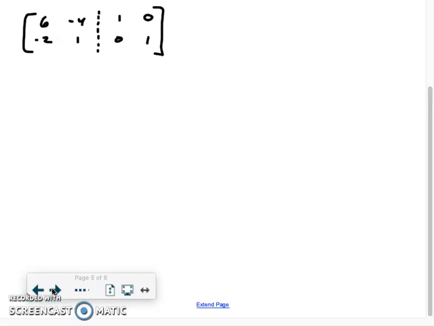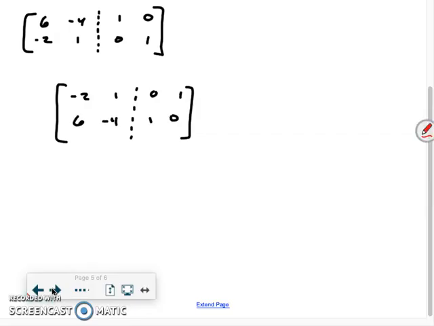So the first thing I think we might want to do here, this seems kind of like an odd step, but let's actually swap rows 1 and 2. So if we were to switch these, it's going to be -2, 1, 0, 1, and 6, -4, 1, 0.